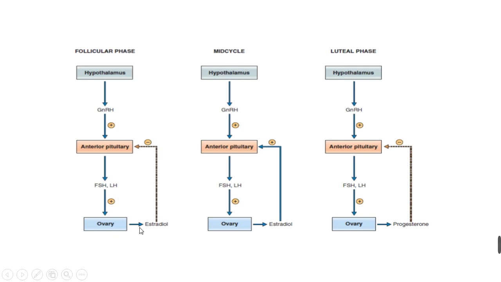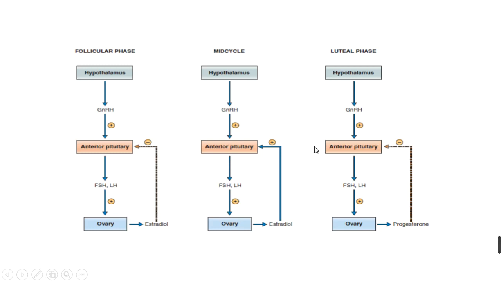As you see, in the follicular phase, the production of estradiol will have a negative feedback on the anterior pituitary, while in the mid-cycle, the production of estradiol will reach a very high concentration and will have a positive feedback effect on the anterior pituitary to produce more and more FSH and LH and produce the ovulatory surge of FSH and LH during the mid-cycle.